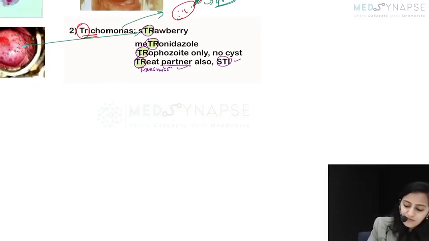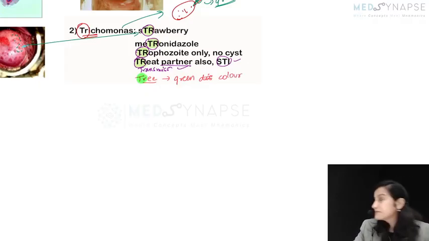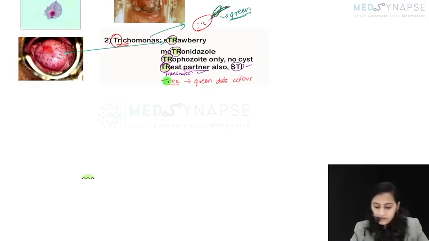Or you can also remember for trichomonas all the TR. It is a tree colored, that is green color. Tree is green. Trichomonas green. So all the TRs help you remember the properties.